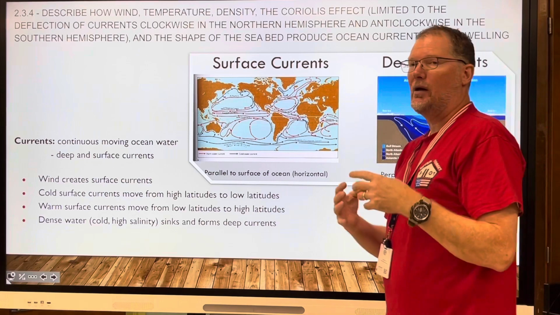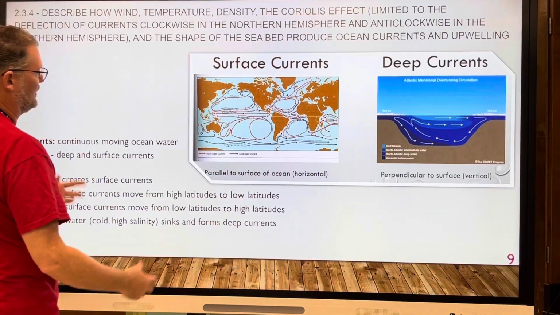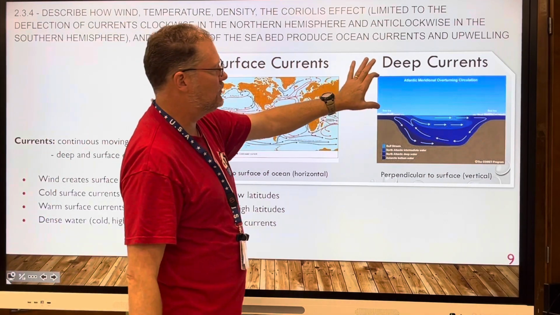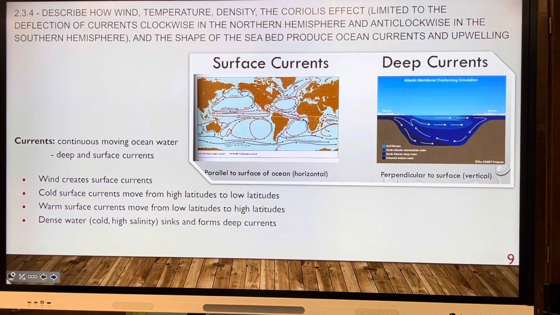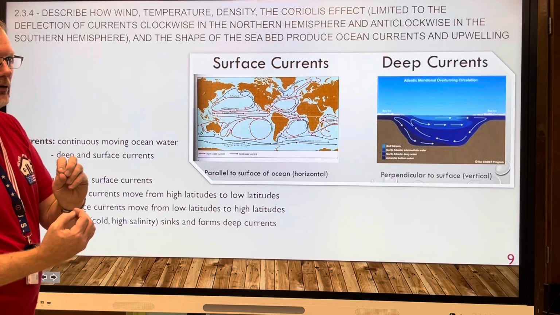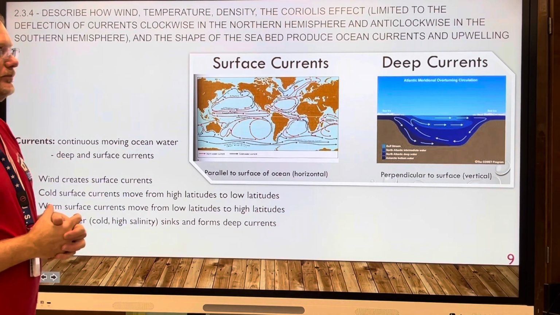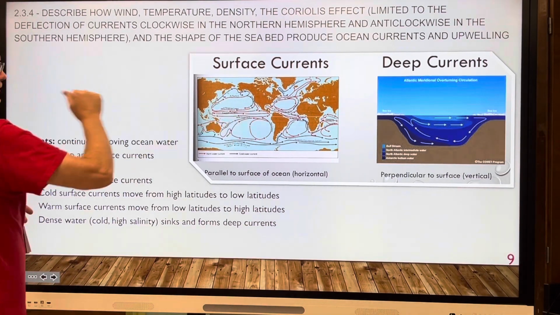But it's mainly about density. Convection currents are made because of density, whether they're in the sky, in the atmosphere, or in the ocean, it does not matter. It's all about convection. It's the unequal heating of the Earth's surface by the sun. That's what makes wind. We're going to talk more about the individual ones soon.